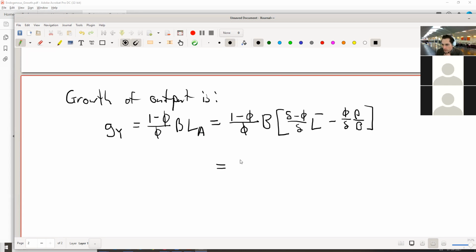Not sure that it gets much simpler than that. I mean, we can multiply it through and see what happens.